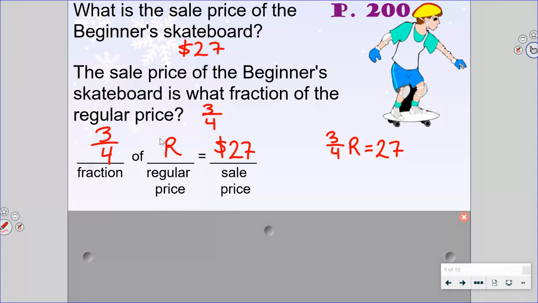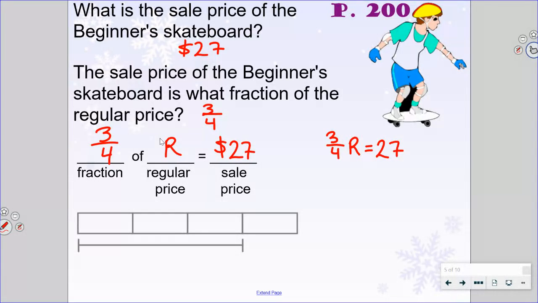And now I'm going to push you into some number sense a little bit here before we get into the algebra step. I want you to think about that. Here's what we know. Split the price up into 4 parts, and we know 3/4 of that. We know that 3/4 of that is $27. Now, what could we do to figure out how much goes in here, and in here? You guessed it. We are going to split it up.